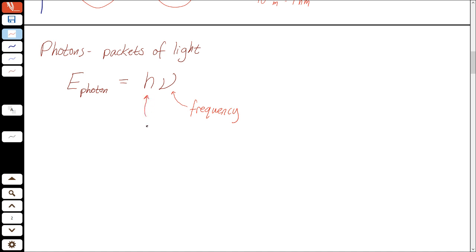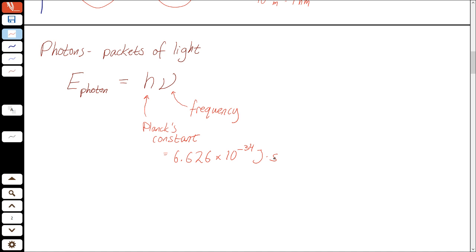And this is a constant called Planck's constant, which is 6.626 times 10 to the minus 34 joule seconds. Like most constants, it has kind of a weird unit. You don't have to memorize that, just like your other constants, but by the time you finish the Chapter 7 homework, you probably will have it, just from using it a whole bunch.